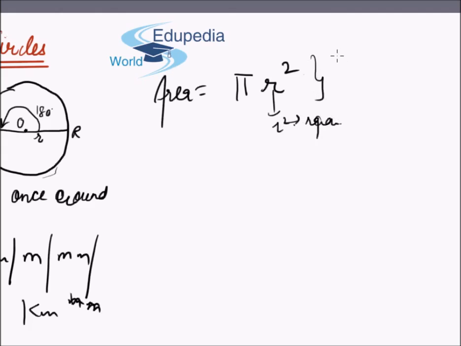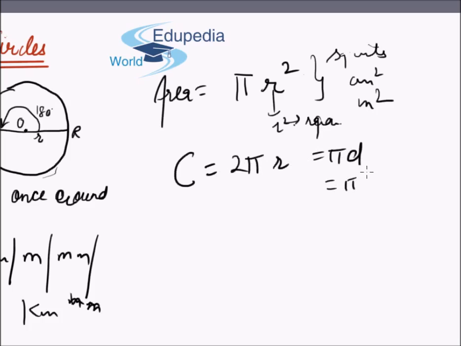The units will be square, that is centimeter square or meter square, and so on. So all in all, we have circumference as 2 pi r or pi d or pi into 2r, and area as pi r square.